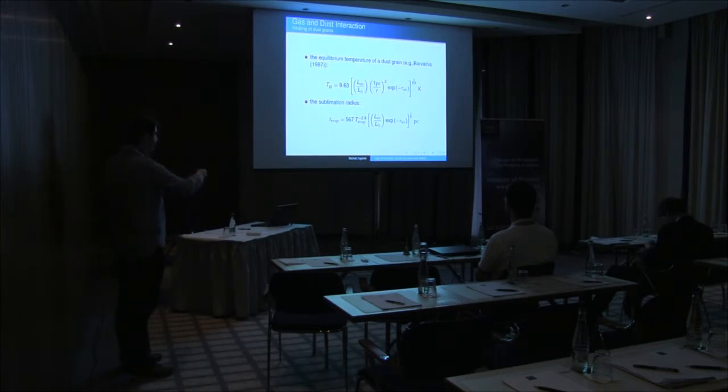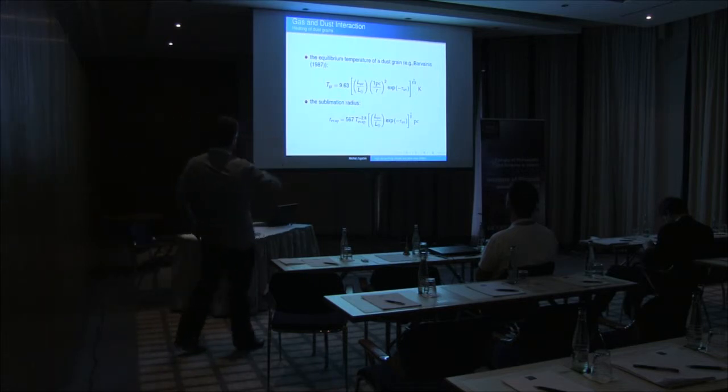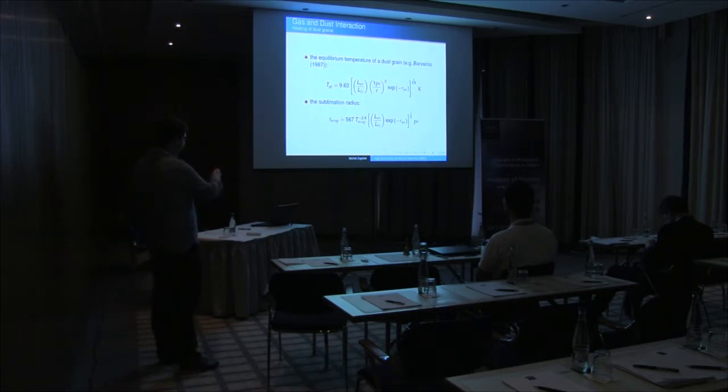For example, in Barvainis 87, where the equilibrium temperature of dust is a function of luminosity, distance and optical depth, we can simply derive the sublimation radius.